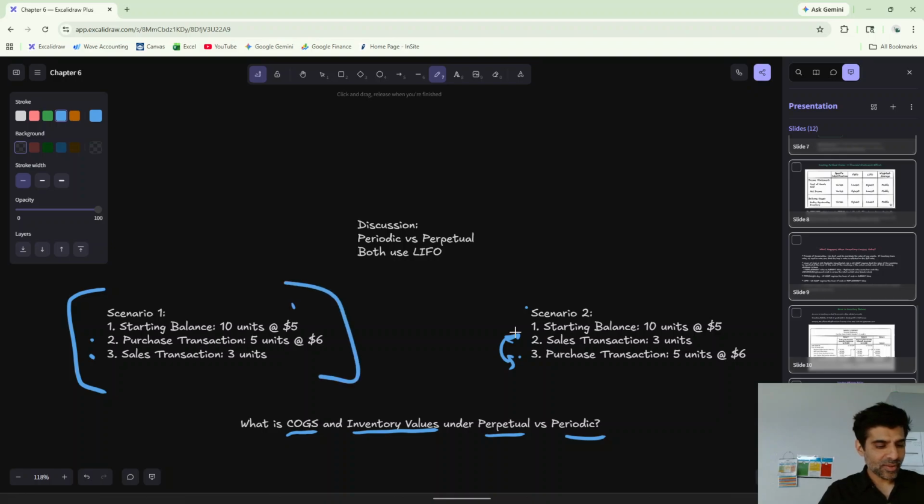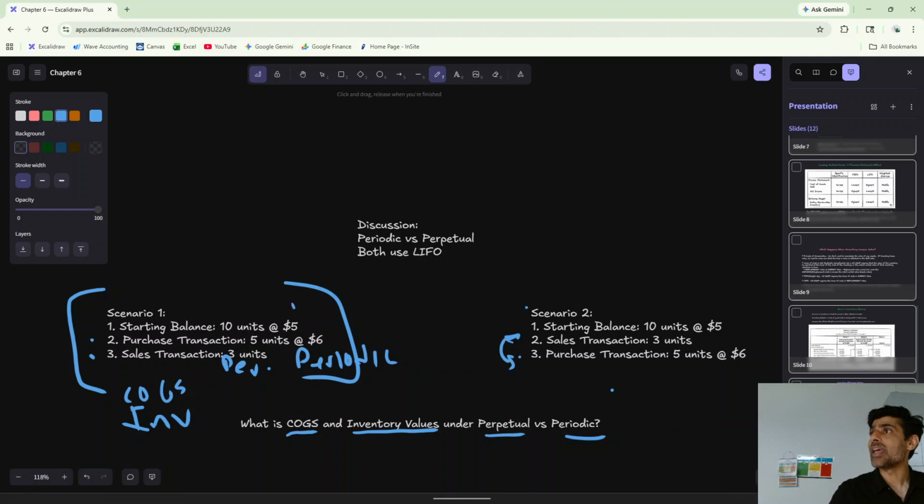So under this, you're going to have some cost of goods sold and inventory for the perpetual versus periodic, and then the same thing here, okay? And again, I'll give you a hint. You should see that under the perpetual, you'll have two different values, but the periodic is gonna end up with the same, okay? And they both use LIFO, so see if you can come up with that.